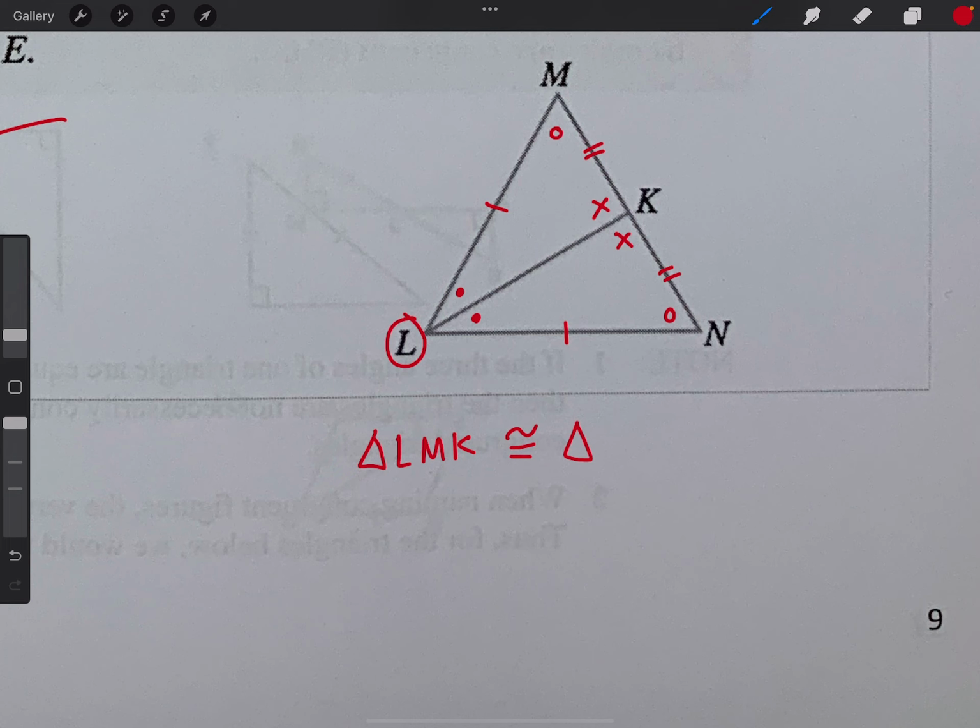If you start from L, which has the angle that has a dot, we look for the other angle with a dot, which is this one here, and that's also L. And then M is the middle letter, so we go from L to M. M is the angle with the open circle, so we look for the open circle one on the other side, which is this one, which is N. And then obviously the last one has to be K. There's your answer there.